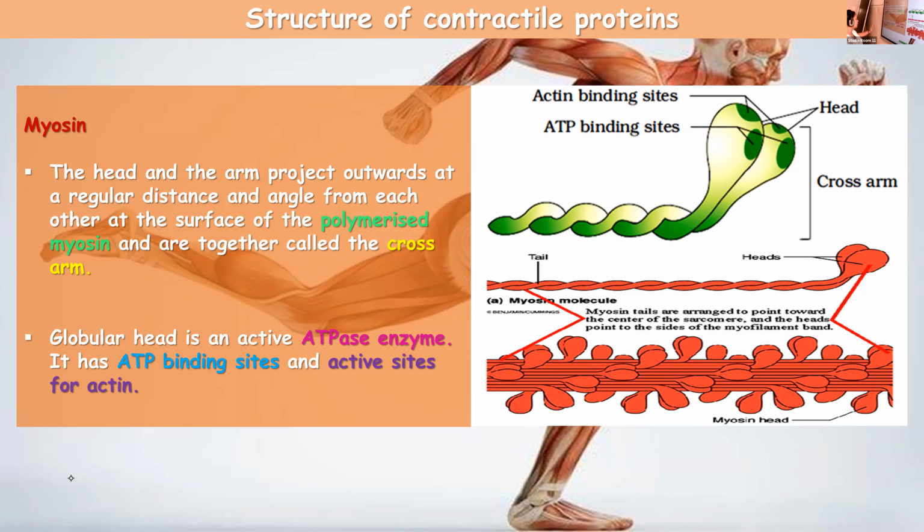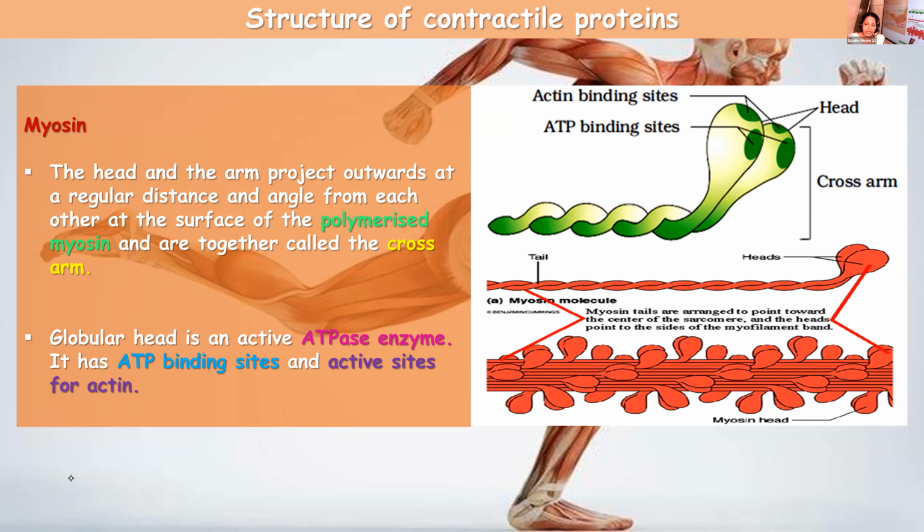So once again, I'll repeat the points we discussed about myosin. Myosin is a polymerized protein because it's made up of monomeric units. These monomeric units are meromyosin. Meromyosin has two parts, light meromyosin and heavy meromyosin. The light meromyosin is made up of the tail region, and heavy meromyosin is made up of the head and the arm.